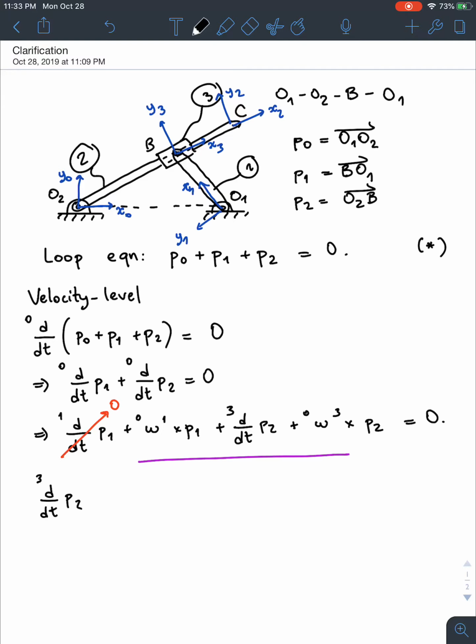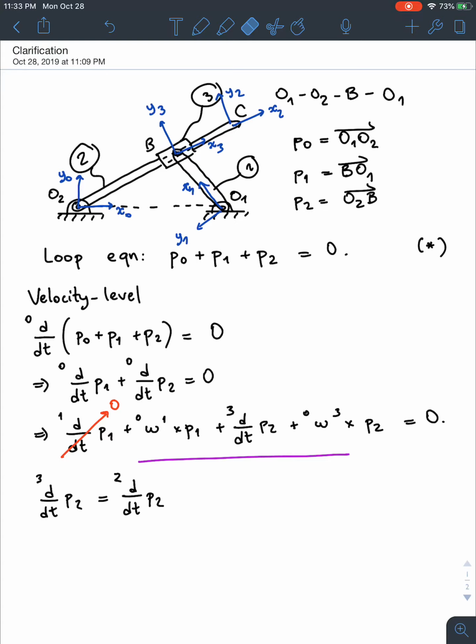I claim that this is equal to d/dt in 2 of p2. Can you discover why? If you want to discover it yourself, pause the video just a little bit, try it yourself, and then come back.